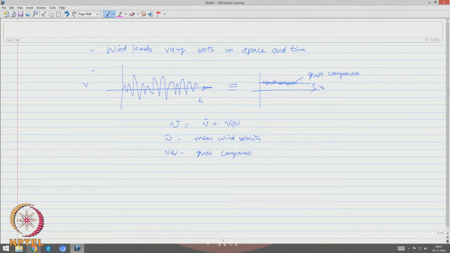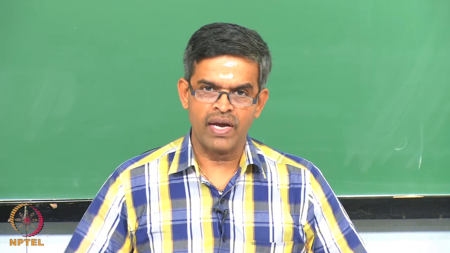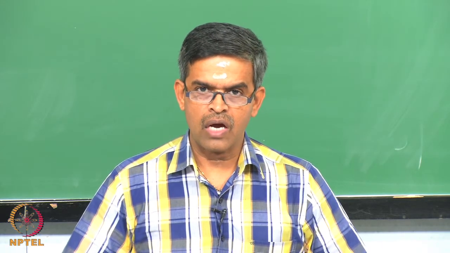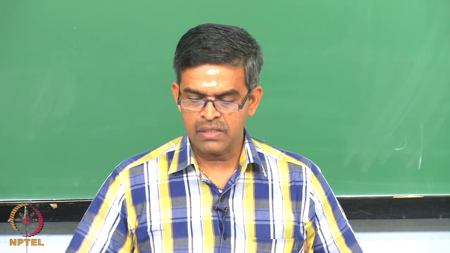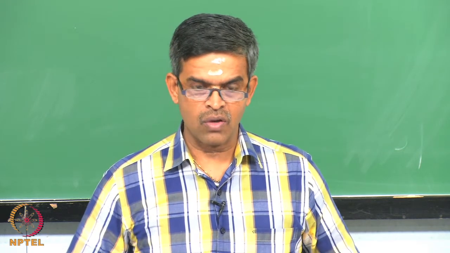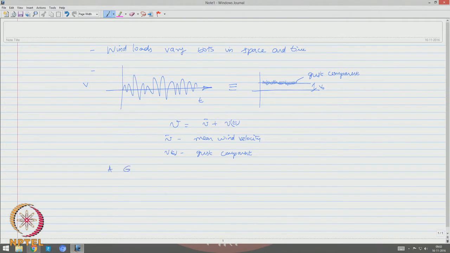We also said in the last lecture that gust factor can be used to account for the variations, which can be considered equivalent to compute the gust load. A gust factor of about 1.35 to 1.45 is a normal recommended value for design of offshore structures.